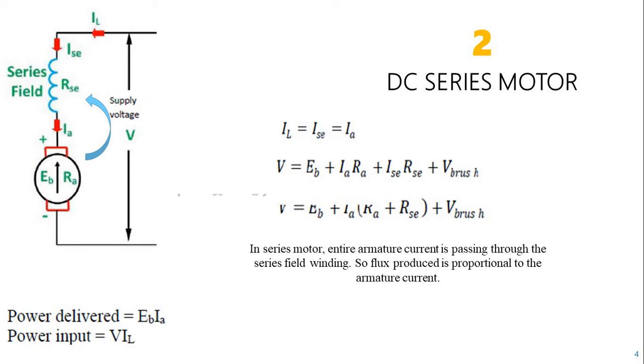So here phi is directly proportional to IA or ISC; both currents are the same. The flux produced in a series motor is directly proportional to the armature current IA. In a DC shunt motor, flux is directly proportional to ISH, whereas phi SH, the flux produced in the DC shunt motor, is constant because ISH is constant.